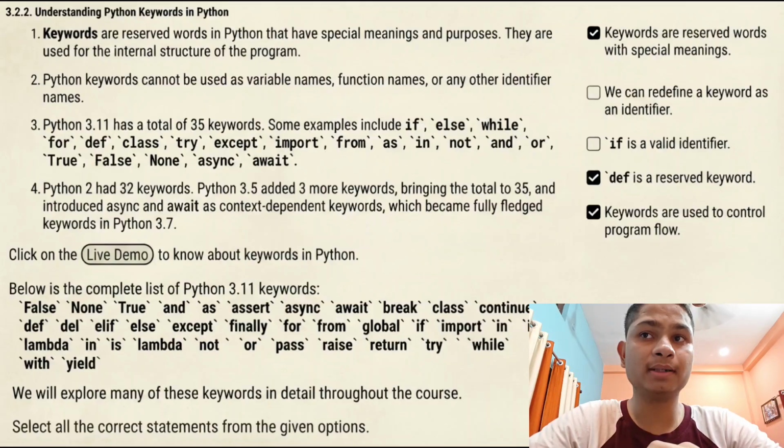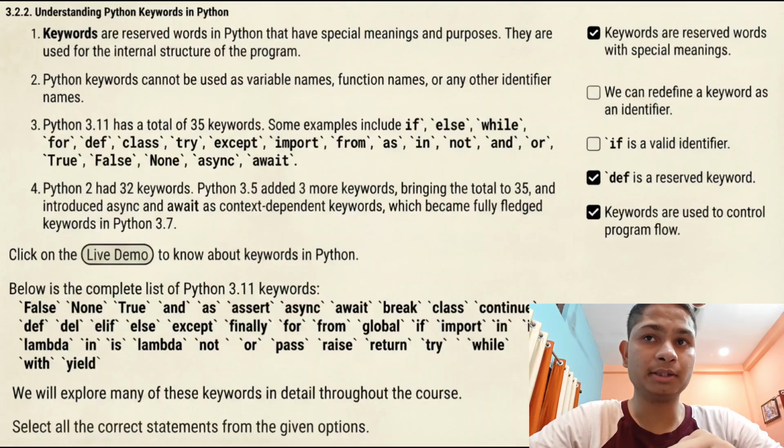To check whether a given word is a Python keyword or not, we use a built-in function which is iskeyword. This function returns a boolean value. If the given word is a keyword, it returns true as output, otherwise it returns false.